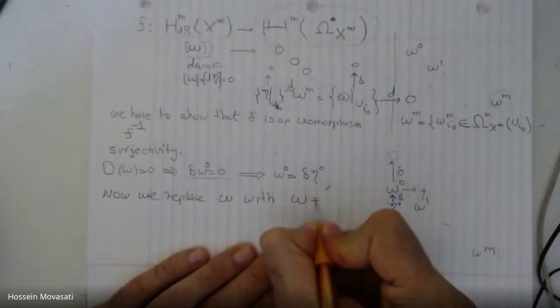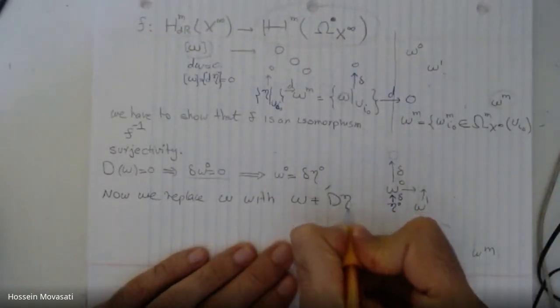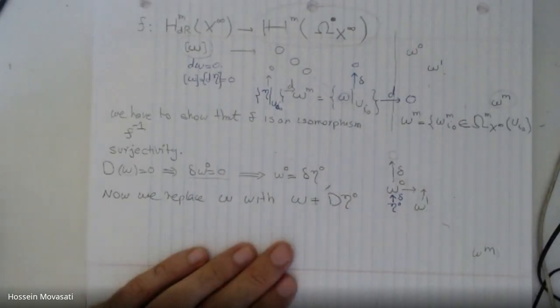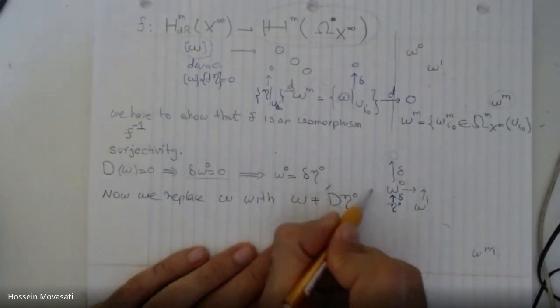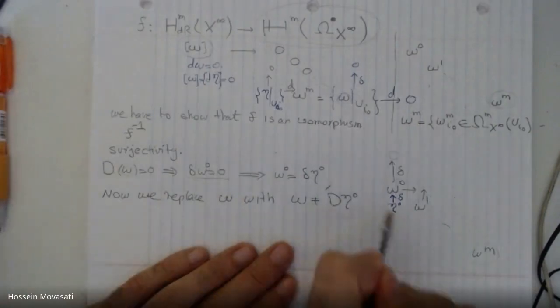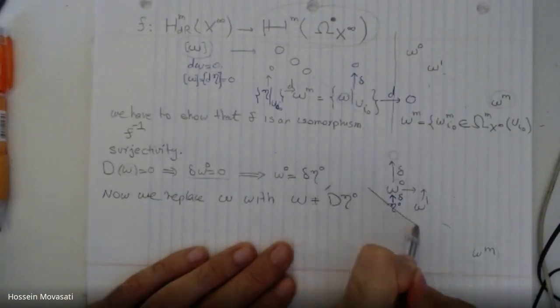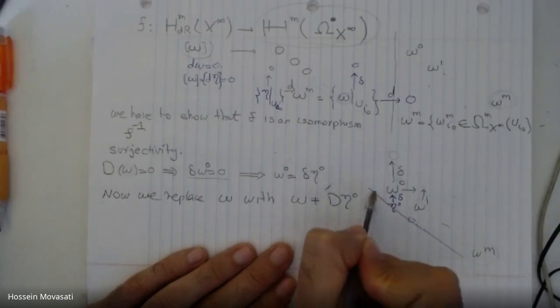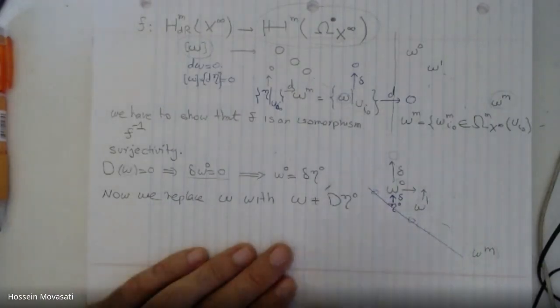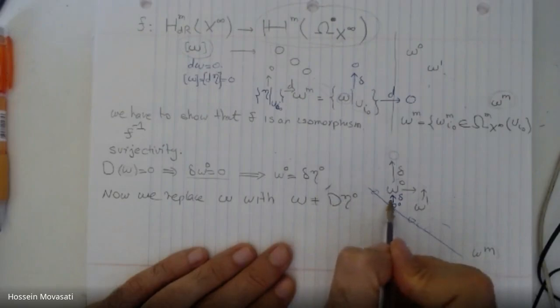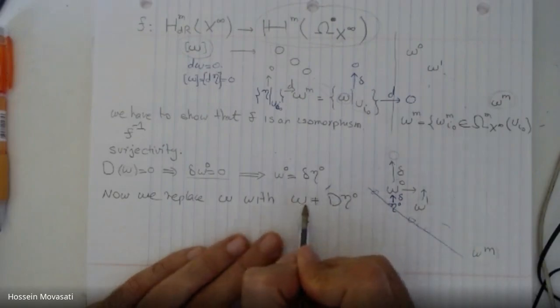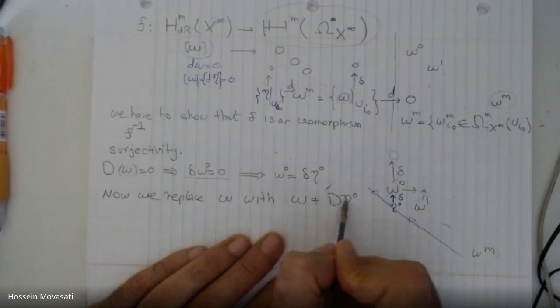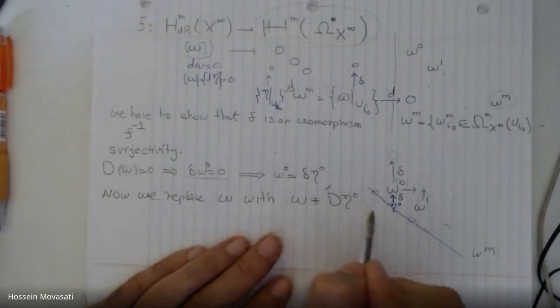So the idea is that I want to make a combination of this d eta 0. So d eta 0 means that at the end of the day I have an element in the previous anti-diagonal. The rest are 0, and I just have delta eta 0, and I take the capital D of eta 0, and of course I can add to omega whatever D of whatever element I like.